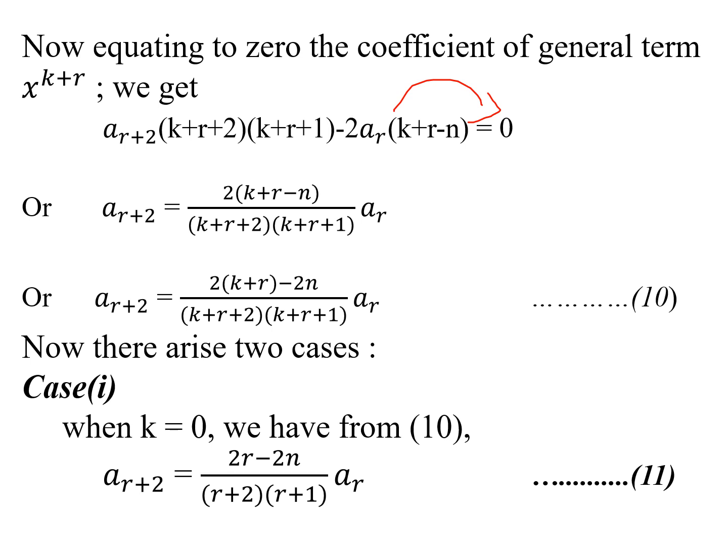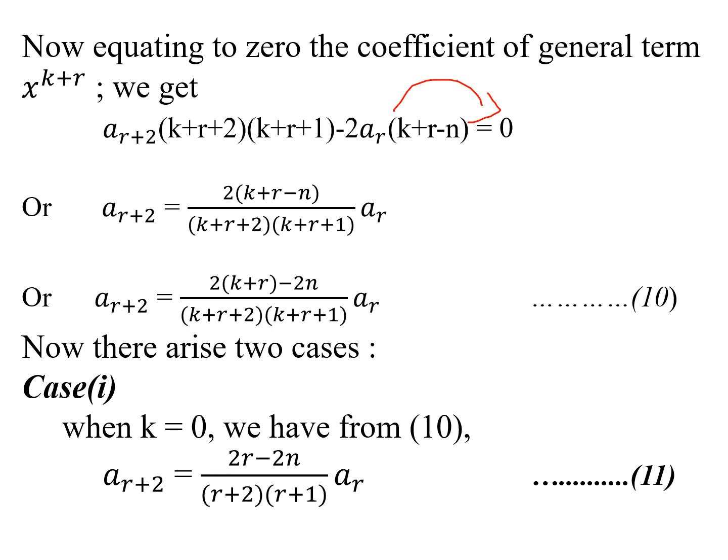Now we have to determine the values of the coefficients. First case, by putting k is equal to 0. We know that a(r+2) is equal to 2(k+r-2n) divided by (k+r+2)(k+r+1) into a(r).